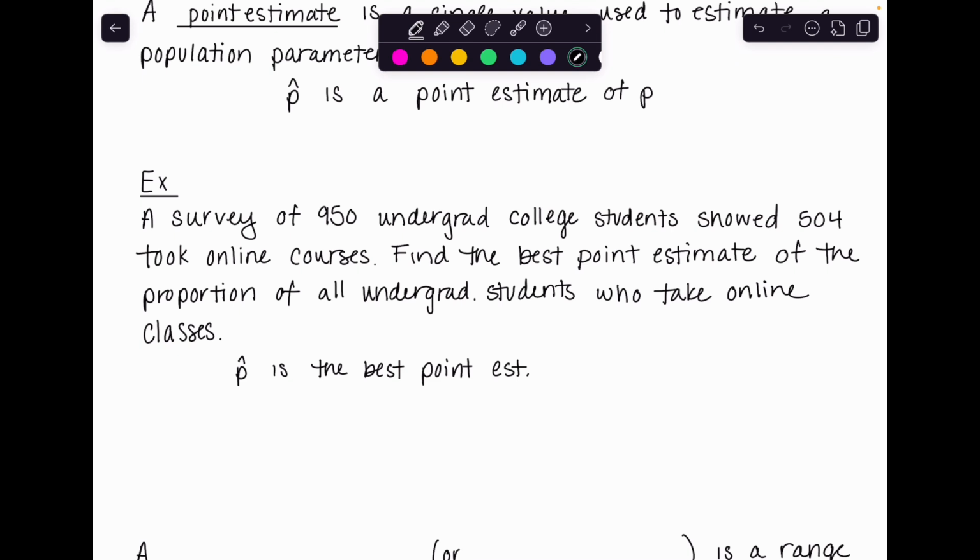So what we do to find this value of our sample proportion is we take the number of successes and divide it by our sample size. So in this case, successes is they take online classes. So it's the number of students that took online courses divided by the full sample size.